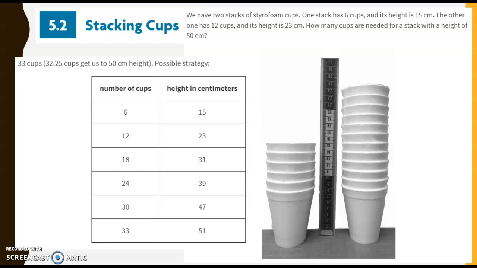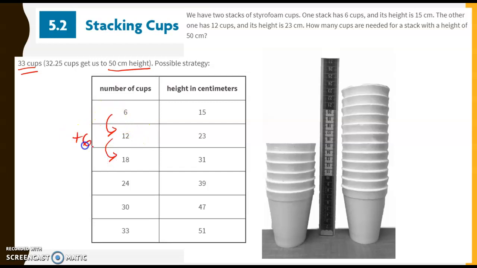All right, now this is the answer right here. You would need 33 cups to get to 50 centimeters. One way you can do it is by making a table. If I know 6 cups is 15, and 12 is 23, then I can use this relationship.